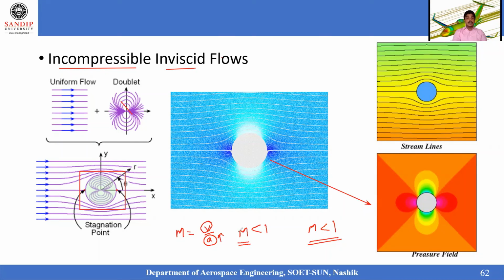I am limiting the velocity of the object to be very low, and only then are these equations going to be valid. That means the elliptical equations can best address only subsonic fluid flow problems.